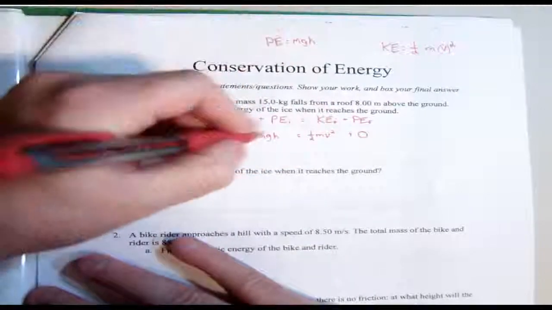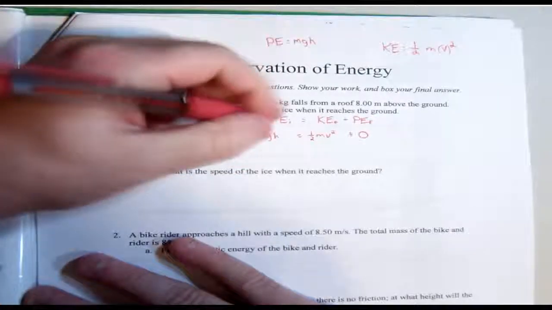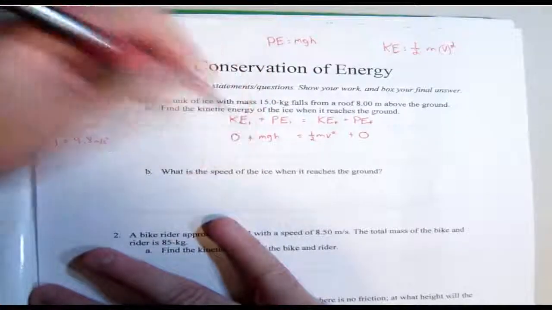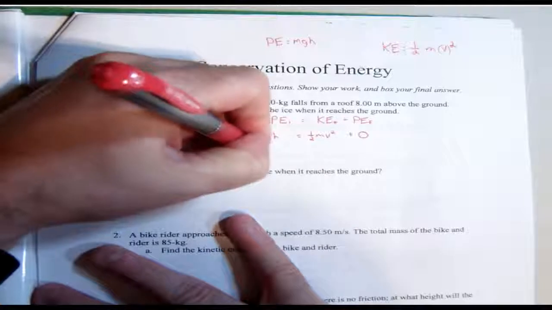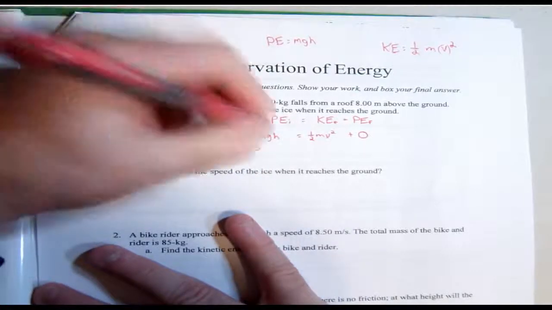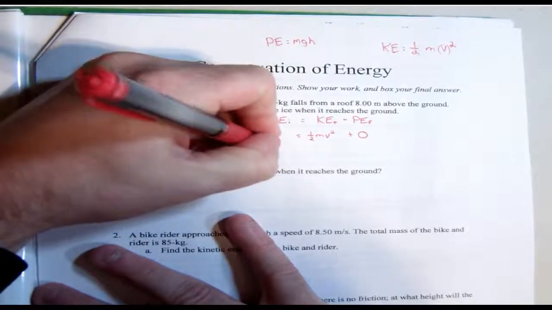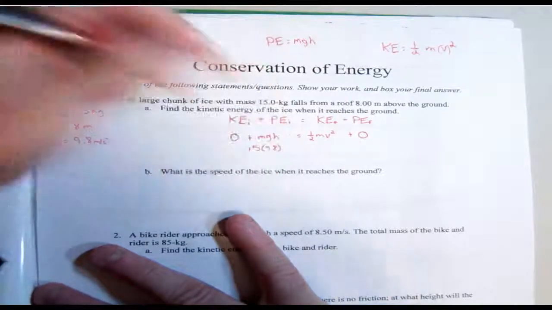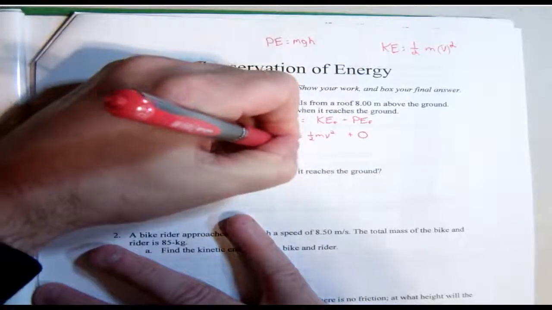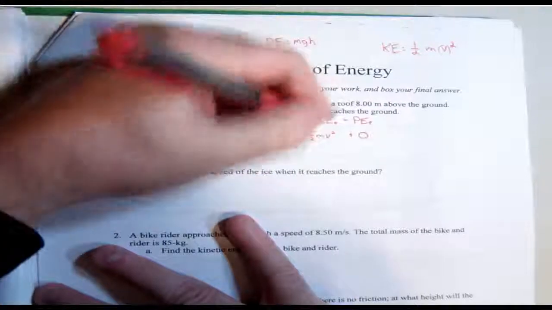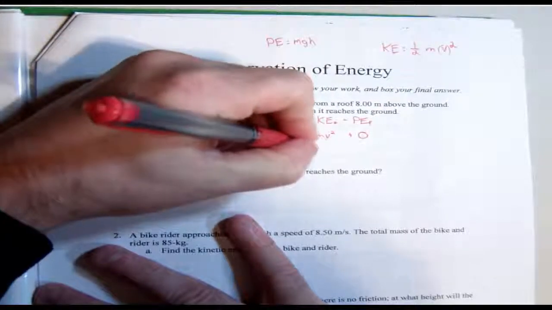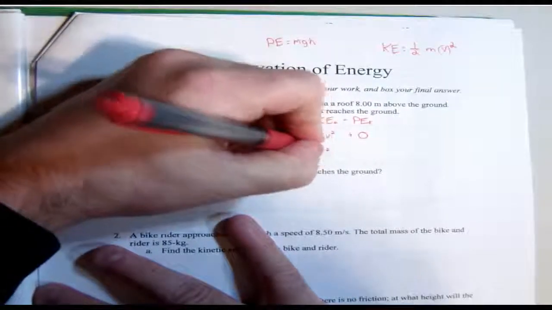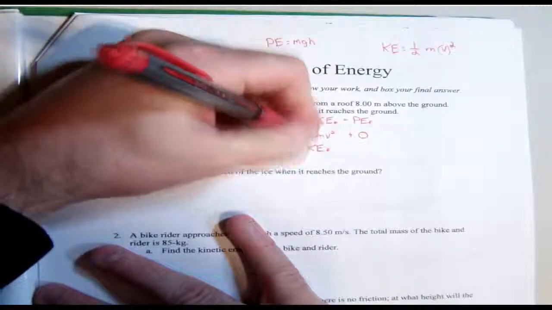Okay? So let's plug in what we got. Let's start with the mass, which is 15, times gravity, 9.8, times height, which is 8, and that equals, I'm going to change this back to look like this, our final kinetic energy, right? These are all the same.